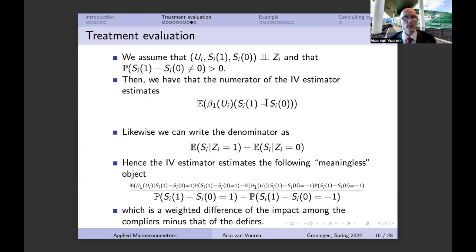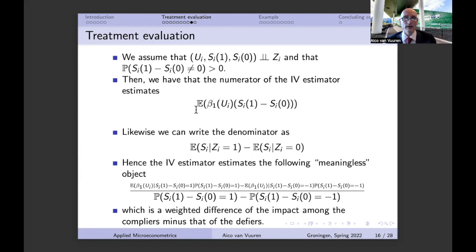That implies that we can use the law of iterated expectation and condition on the different potential outcomes of this thing that we have over here. Take into account that if we have a 0, then this whole thing is going to be equal to 0, so we don't have to take that into account. But we can condition first of all on Si1 minus Si0 equal to 1.